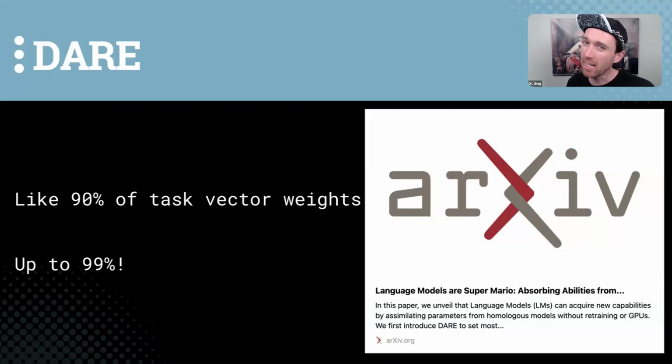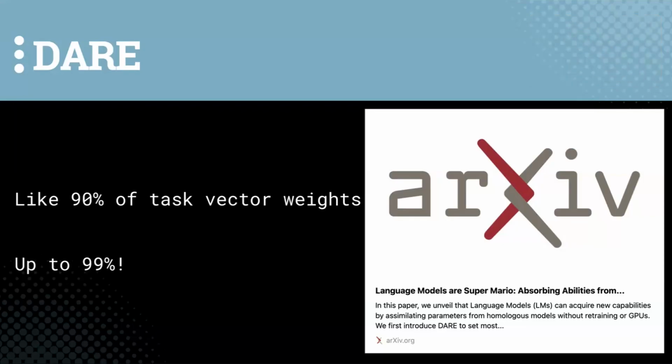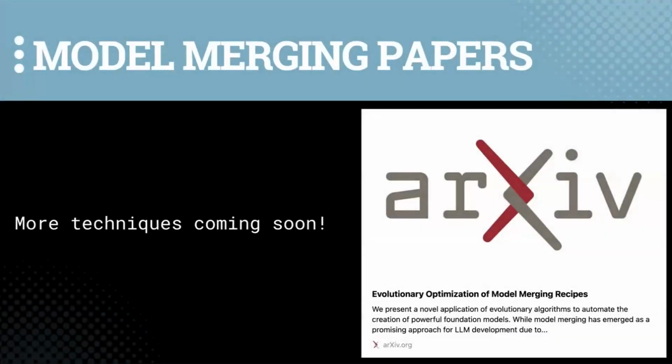It's kind of like the classic dropout approach in classic ML. It works super well, and it's crazy. There's also other techniques. So we talked about Evol-Instruct for instruction tuning data. Well, you can imagine evolutionary techniques for merging as well.